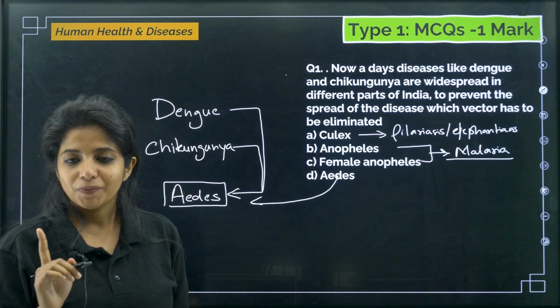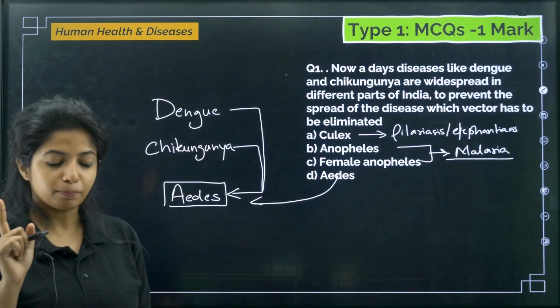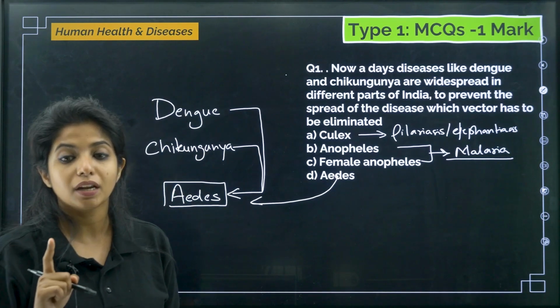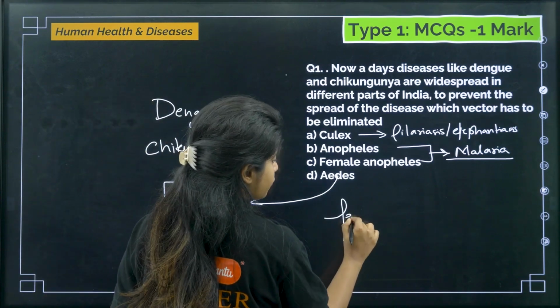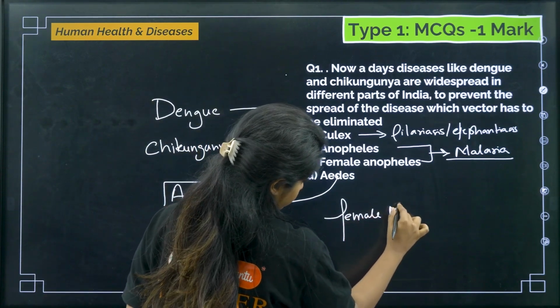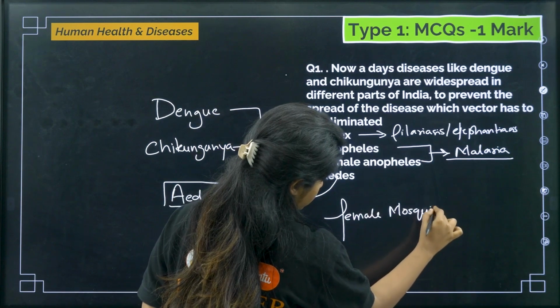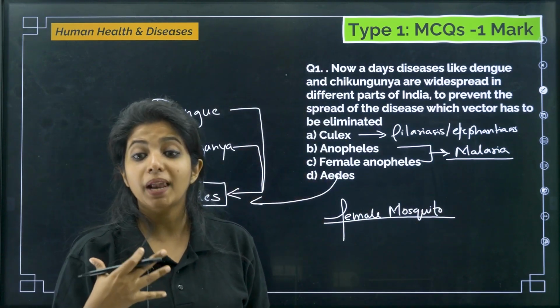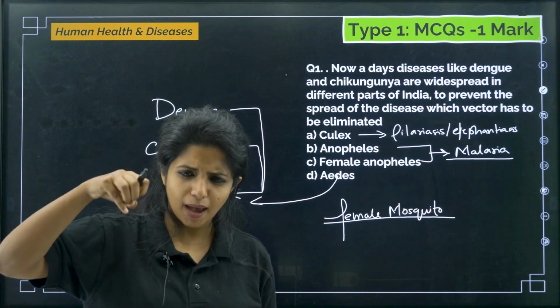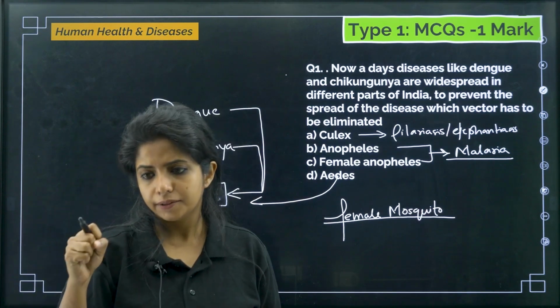Always remember, children, in the case of vectors, in the case of mosquitoes, the one that feeds on our blood is not the male mosquito, it is always a female mosquito. Male mosquitoes basically feed on plant saps. So there will be sap inside the plant, no? It feeds on that.